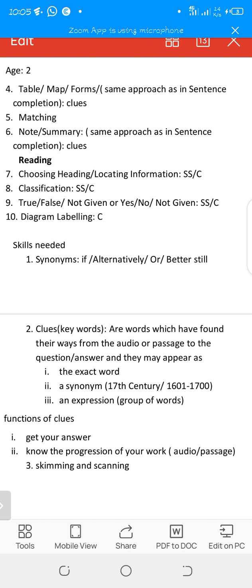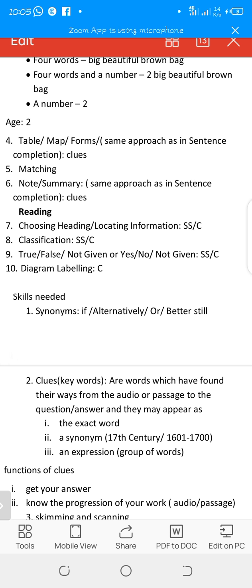If the sentence is correct according to the passage, you use yes. If it contradicts it, you use no. If it is not given, it's very hard for you to tell the difference between no and not given. If you are not able to tell whether that thing is given or not, whether it is mentioned in the passage or you are sure it's not mentioned in the passage, it is not given. All right, so that is that.